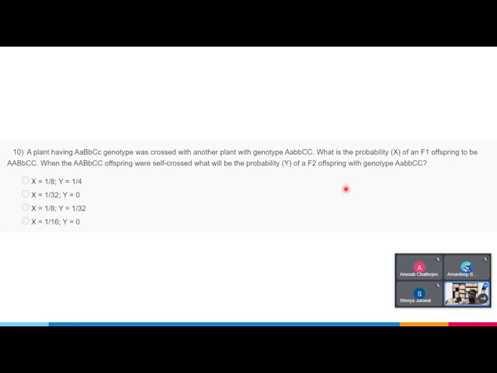So please go ahead and try to solve this. We'll wait another minute till everyone tries, and then we'll solve the problem.